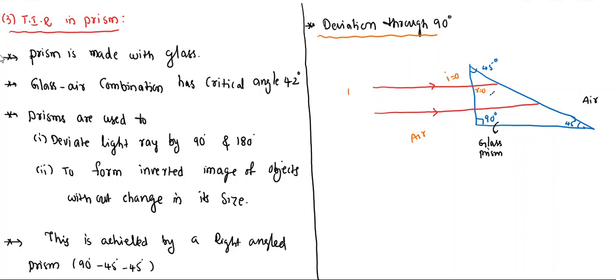Normal means a line that makes 90 degrees with the surface. And this is the normal drawn at that point. This is the normal to the second surface. What is the angle of incidence here? This is the angle of incidence. Here also we draw the normal. This is the normal drawn.